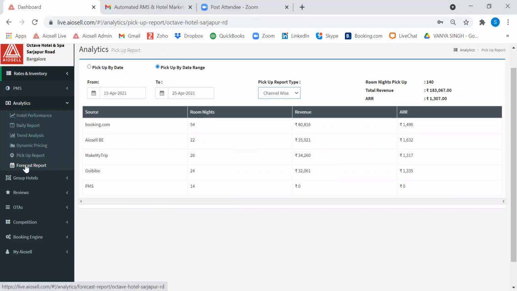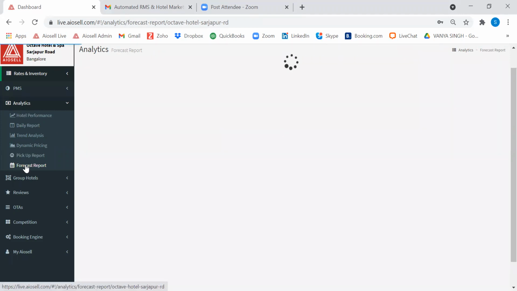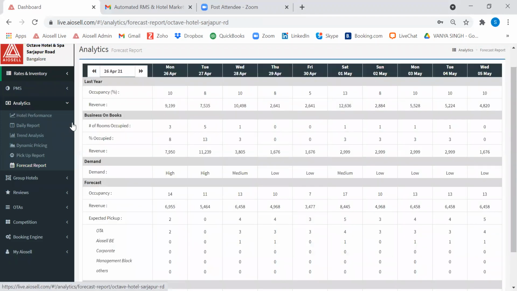There's also a forecast report, so you can actually see the next 10 days forecast. So this will carry last year's occupancy, the revenue, what is the business on books, as well as it will tell us from the different online platforms what is the demand in the market, whether it's high, low, medium.